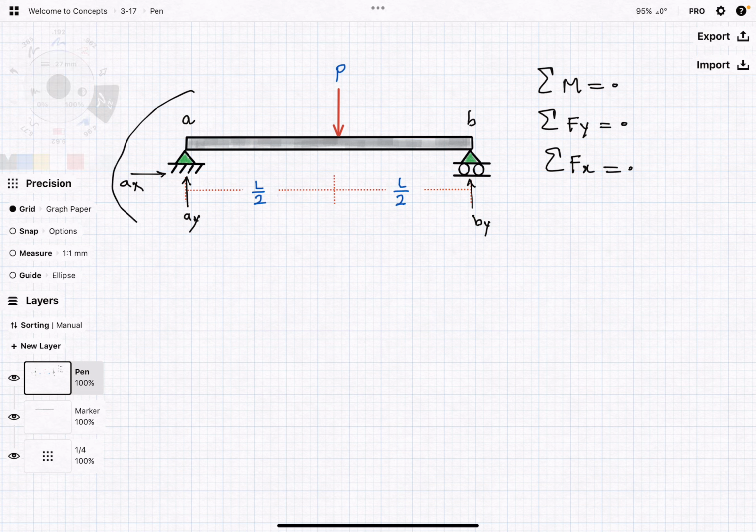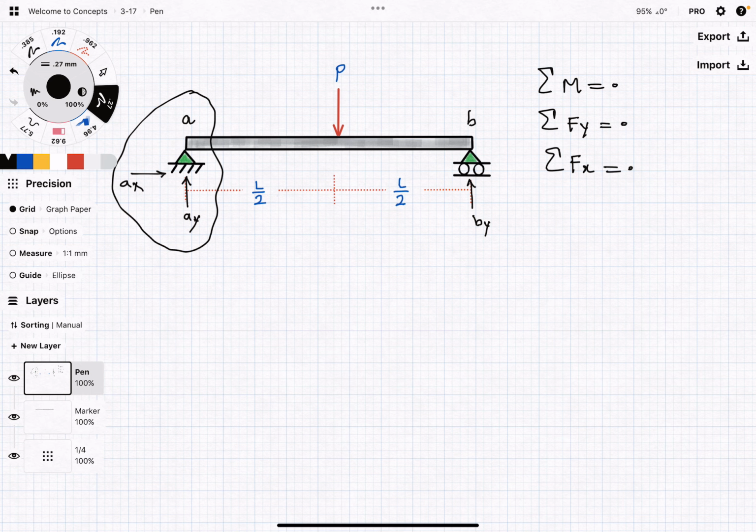We take moments at point A because it has two reactions, and if we take moment at this point we can remove them from our equation. So we can say that sigma M at point A is equal to 0, and also this is the positive direction for our moments.